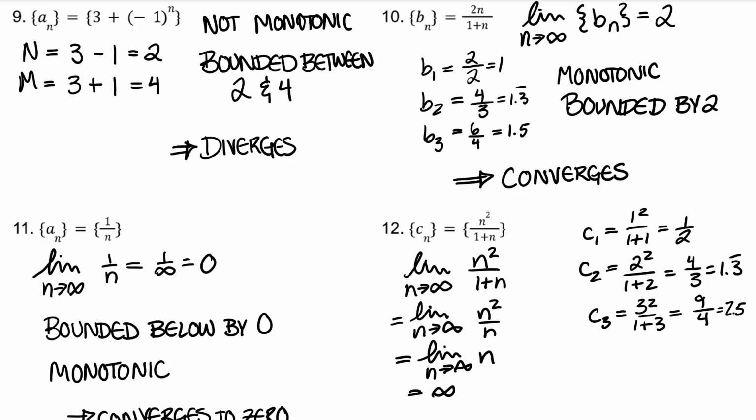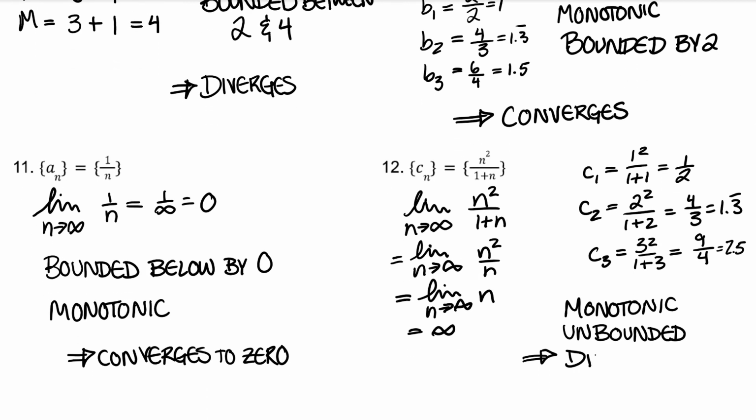As we approach infinity, each of our terms is greater than or equal to the term before, meaning this sequence, even though it is unbounded, is still monotonic, non-decreasing. And because it is unbounded, it is a divergent sequence.